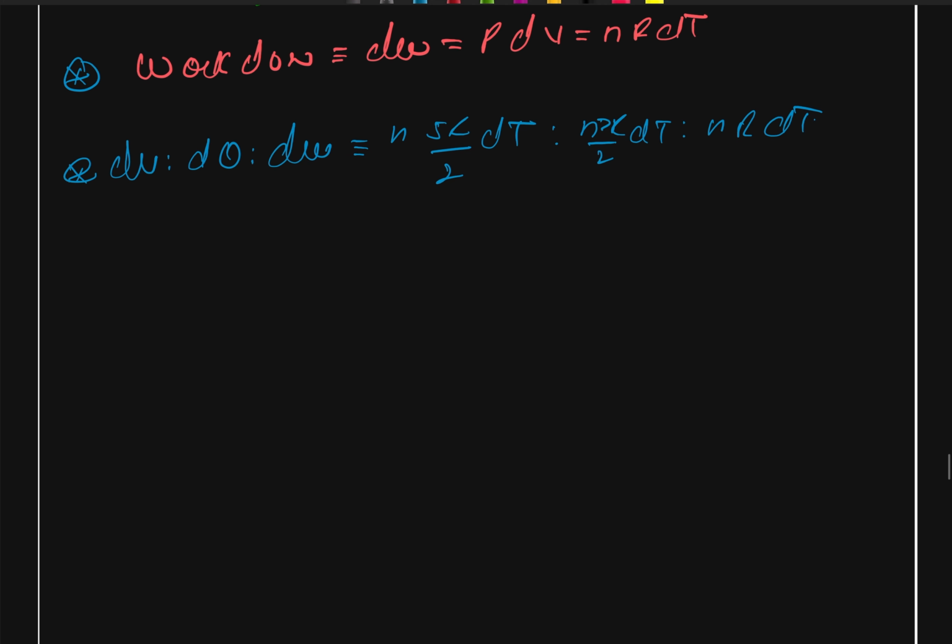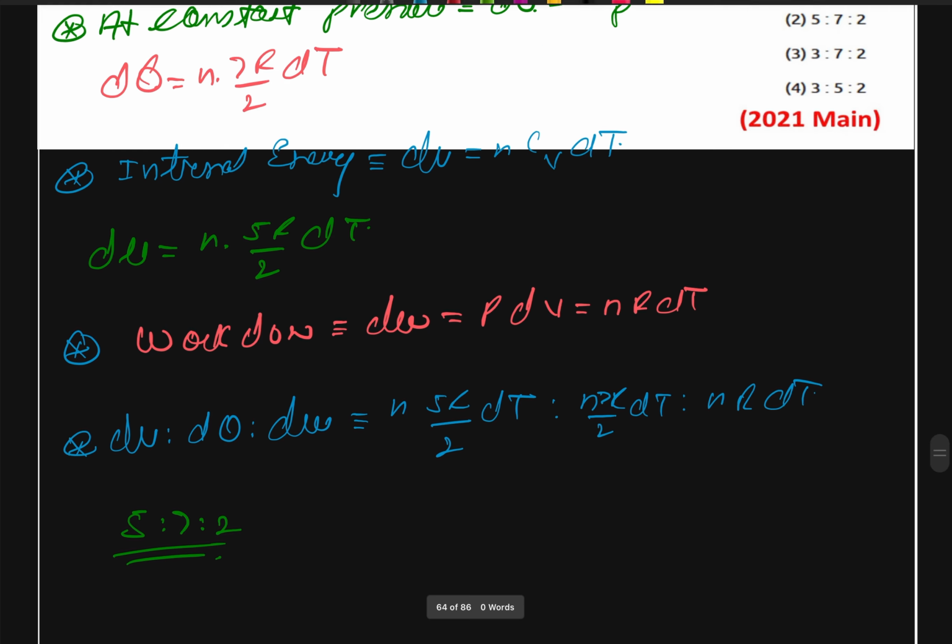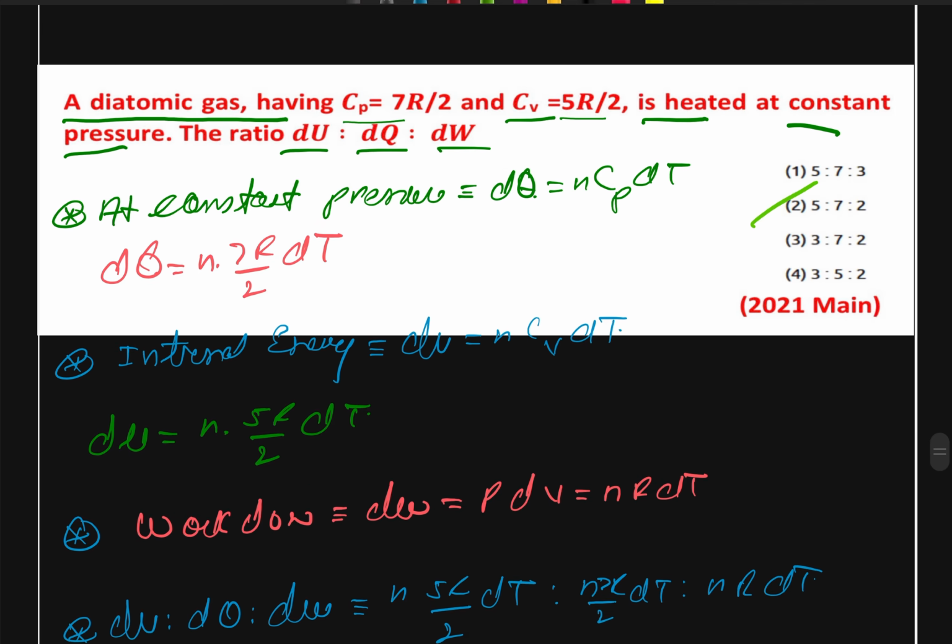Therefore we get the ratio 5 is to 7 is to 2. So option 2 is correct.